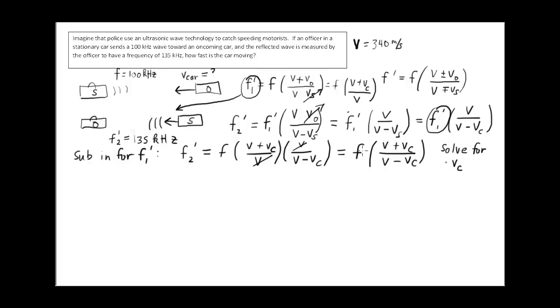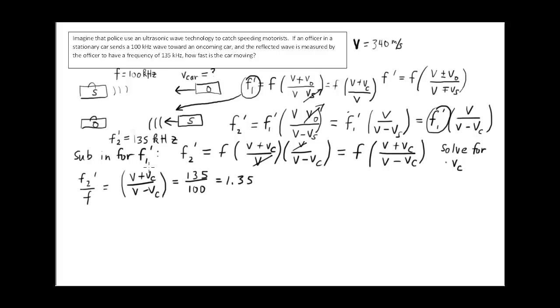Well, we could take the f2 prime. Yeah, let's do that. So we take f2 prime over f equals V plus V car over V minus V car. And just to save ourselves a little bit of extra writing, we can plug in the values for this. We know that's 135 kilohertz over 100 kilohertz, or 1.35. That's easy enough.